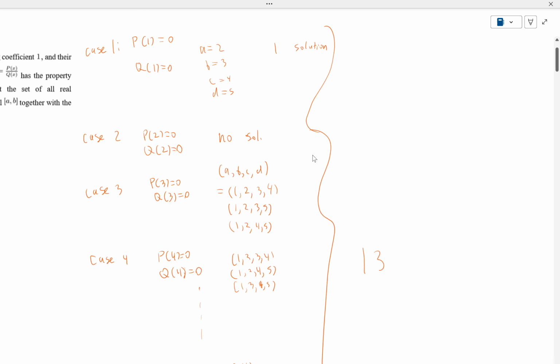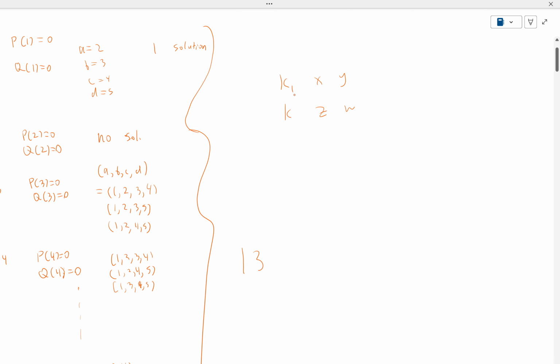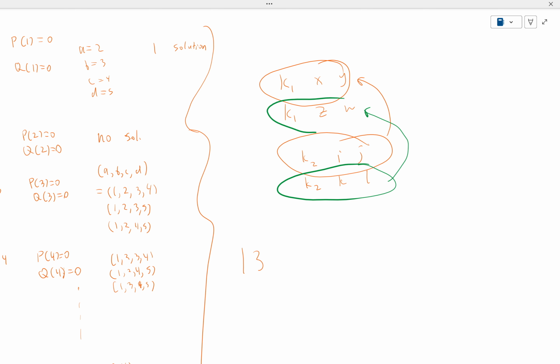So if you have K and K as the whole, and then something else, like X, Y, Z, W, and then you have K2, K2, and then any variables, for example I, J, K, L. It just happens that 5 times the numbers on the top are the exact same as the numbers on the top here, and the numbers on the bottom are the exact same as the numbers on the bottom here.